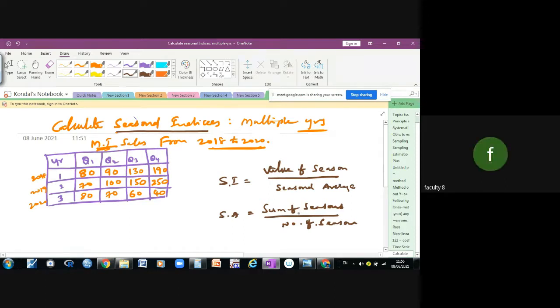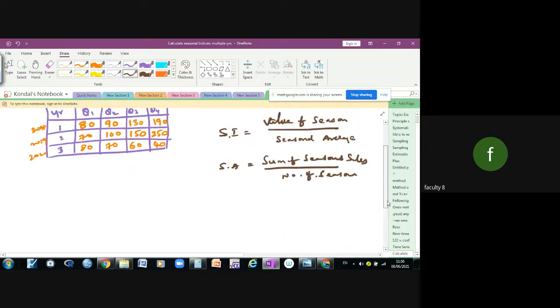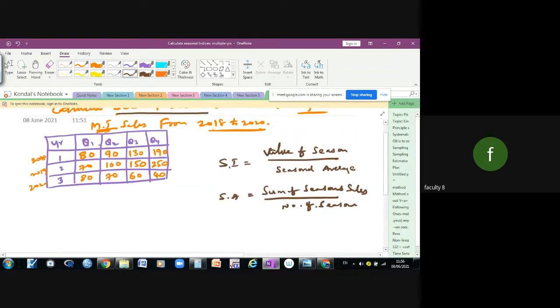Yes, sum of season sales. For example, you can add all those things. Sum of season is nothing but the sales here. Okay, no problem. So first we need to find out the seasonal average.